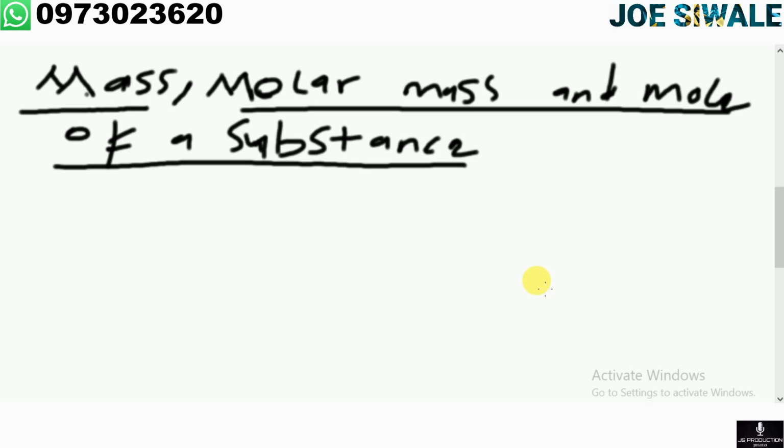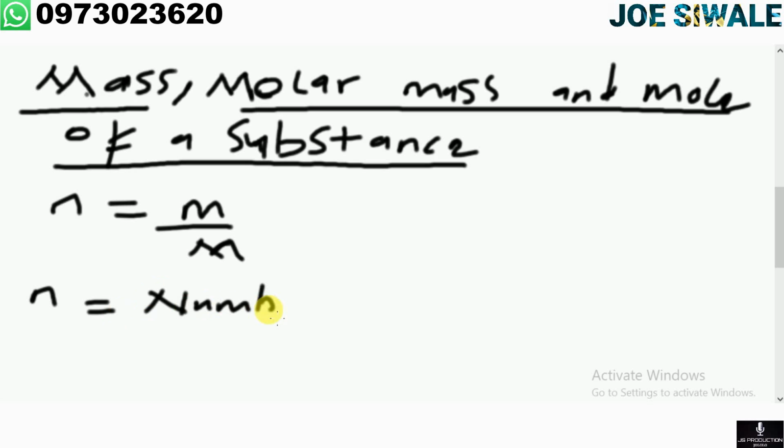So the formula that you use when you have been given the mass, the molar mass, and the mole of the substance is, you say n is equal to m over capital M. So you need to know each and every letter here. Where n is equal to number of moles, and we know that the moles are measured in mol.